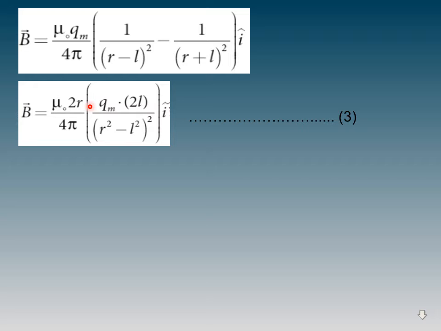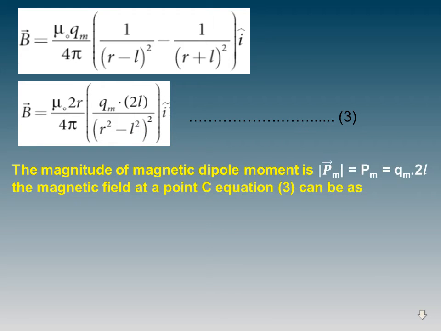Simplifying, mu naught by 4 pi into Qm 2l times 2r divided by (r square minus l square) the whole square. This is equation number 3. The magnitude of the magnetic dipole moment is modulus of Pm equal to Pm, which is equal to Qm into 2l. We are going to substitute Pm instead of Qm 2l.